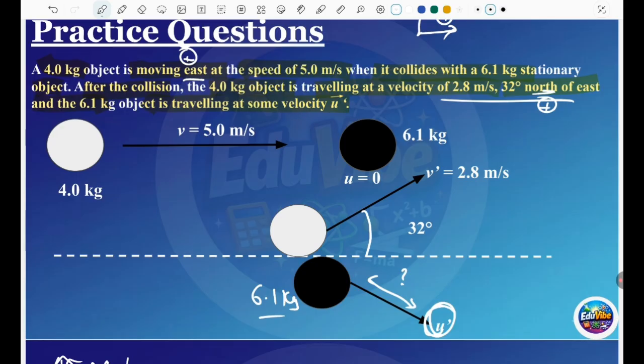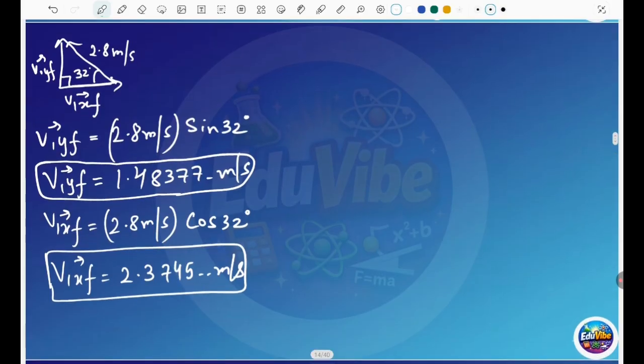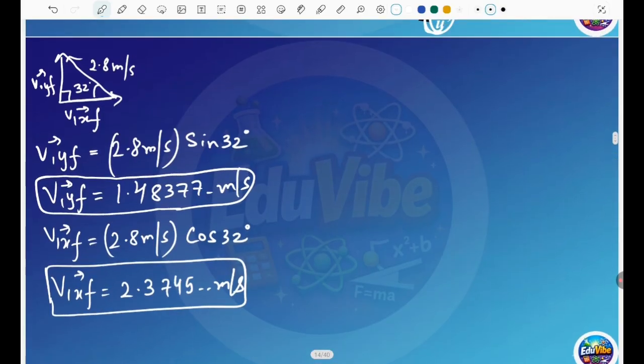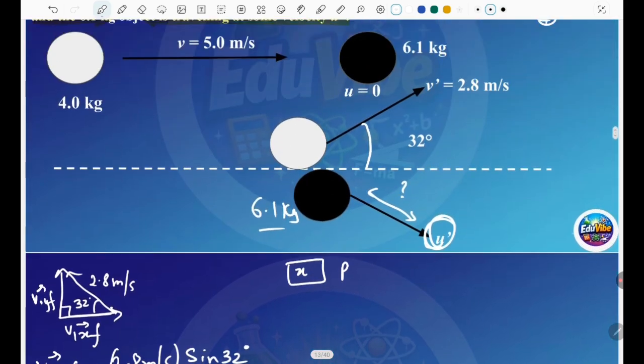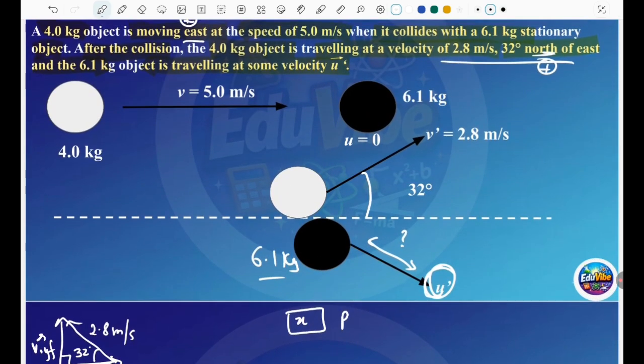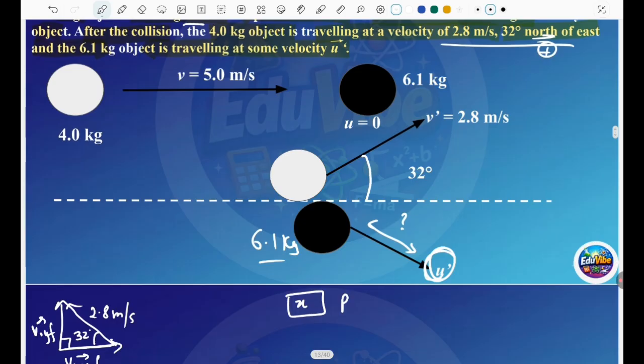Now we have to use these x and y components to find the velocity. For the x component, something comes here, they hit and rebound, so it's a collision.